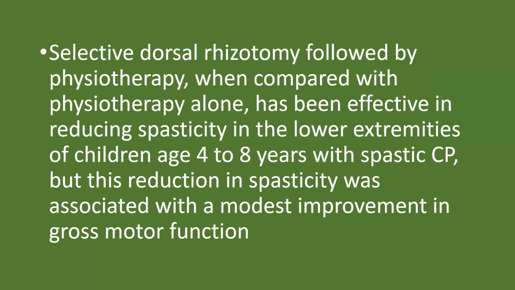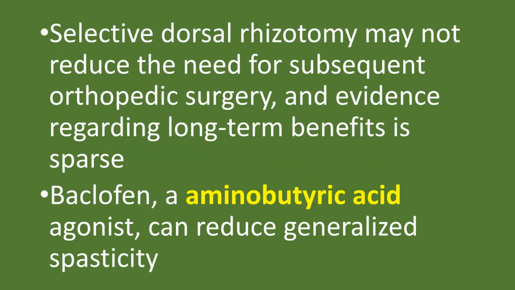But this reduction in spasticity was associated with a modest improvement in gross motor function. Selective dorsal rhizotomy may not reduce the need for subsequent orthopedic surgery, and evidence regarding long-term benefits is sparse.